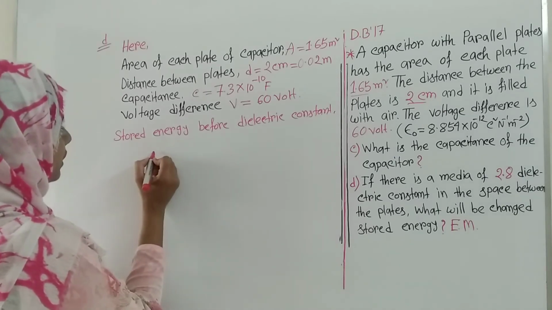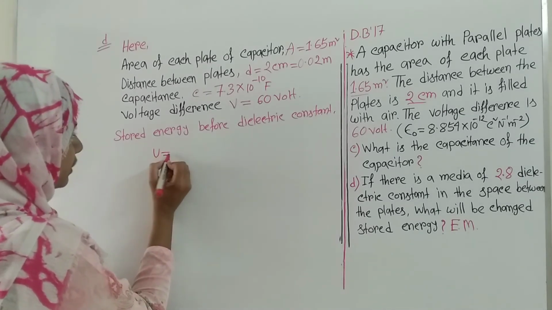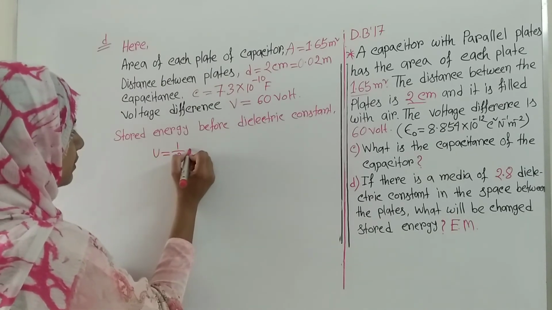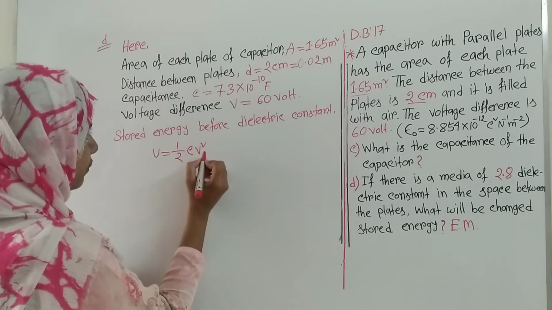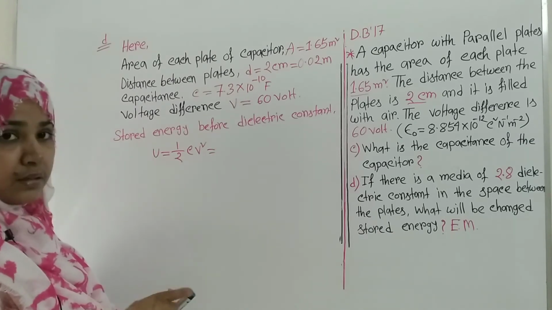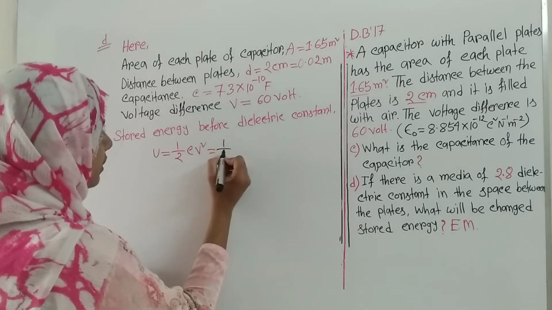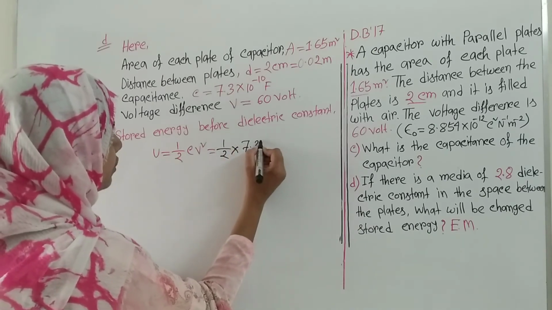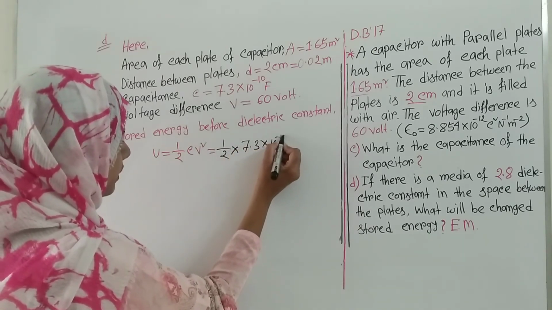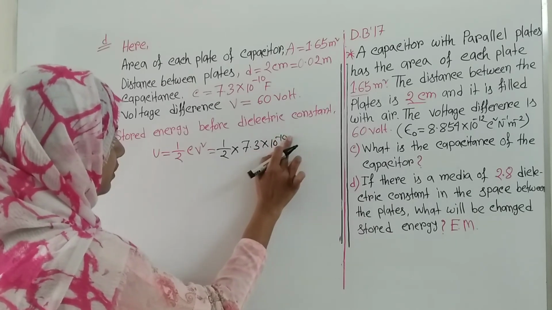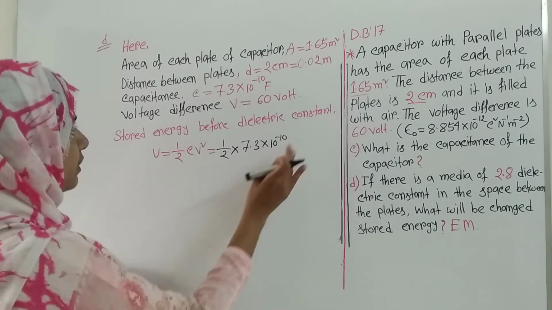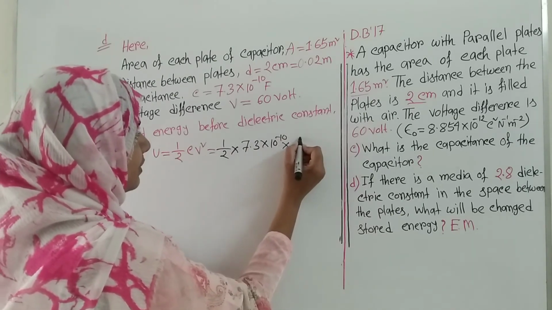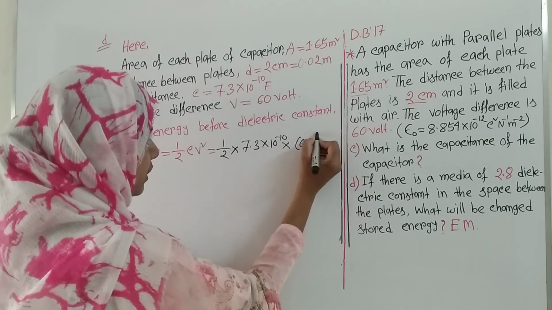If we denote it by U, then we know that the formula is U is equal to half C V square. Here the value of C is 7.3 into 10 inverse 10, and the value of V is 60 whole square.